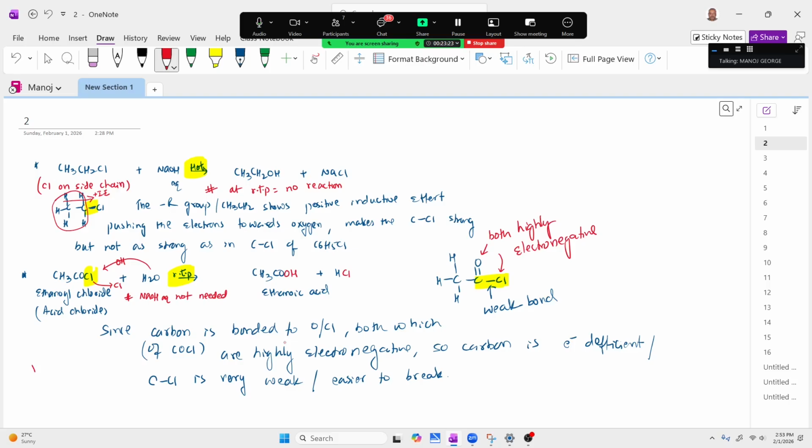So just make a comment that this C=O is electron withdrawing, and then you add up about the oxygen and chlorine also. They are also pulling the electrons in different directions. So the carbon is pretty electron deficient there.